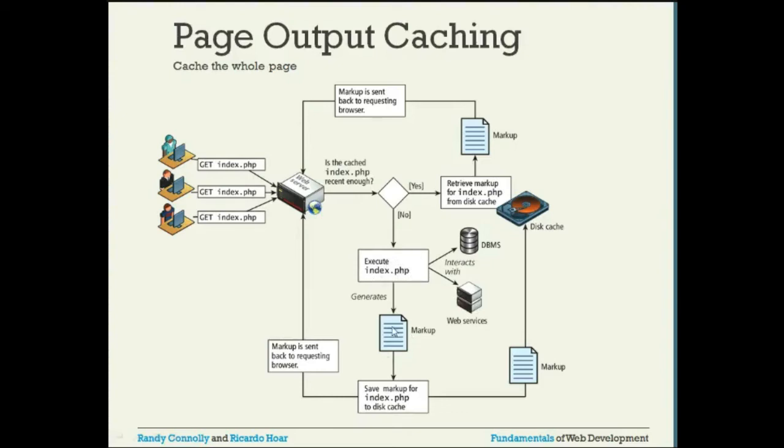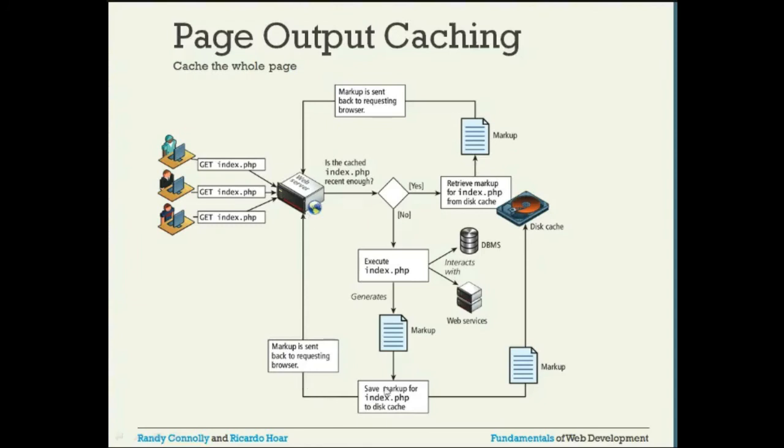Okay. Once we have the markup, save the markup for index.php to the disk. You can see this particular markup is stored in the disk cache. And also the markup is sent to the requesting browser.